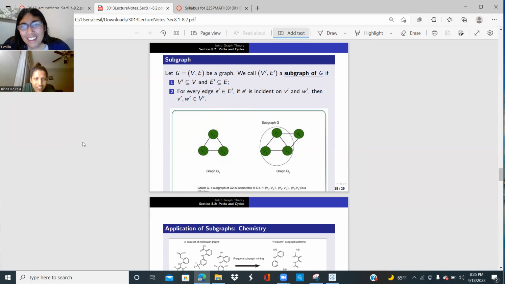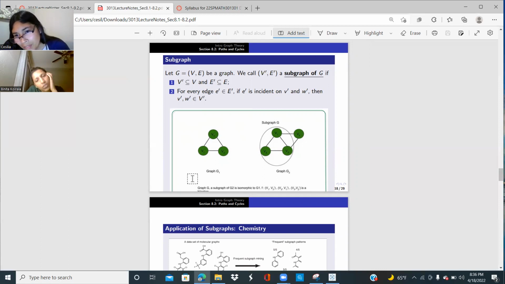For every edge E naught, an element in uppercase E naught, if E is incident on V naught and W naught, then V naught and W naught are elements of V naught. So the graphs G1 and G2, with vertices V1, V2, V3.